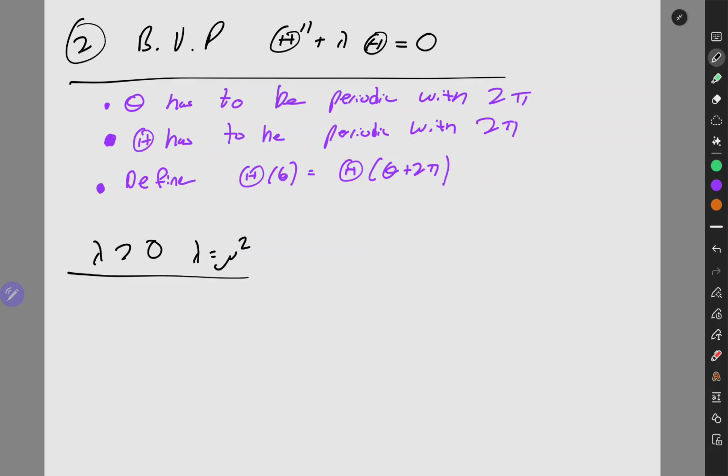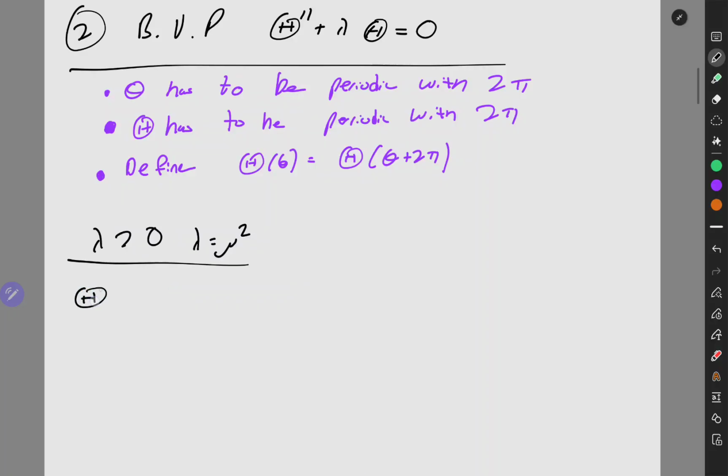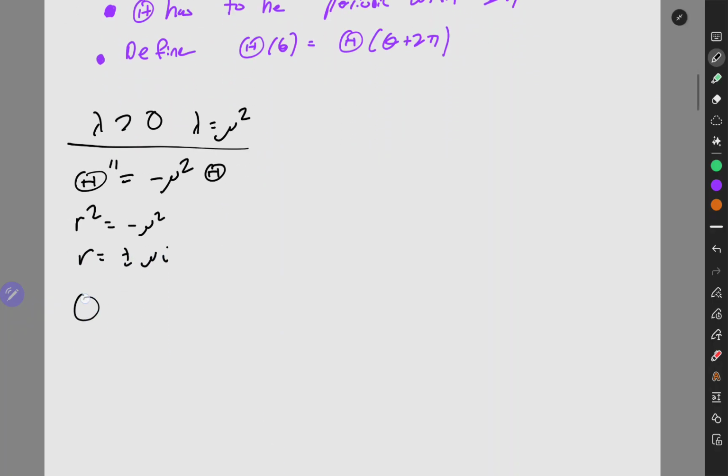If this is the case, our equation becomes, so this is going to be complex when we solve the characteristic equation, leading to the general solution of C1 cosine, right, this is the shortcut for Euler's equation, plus C2 sine of mu theta.